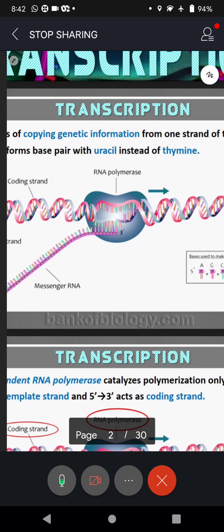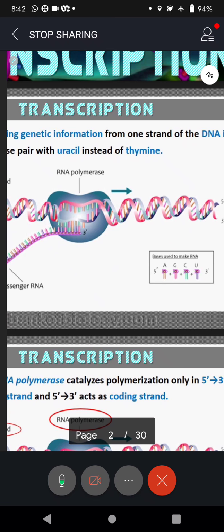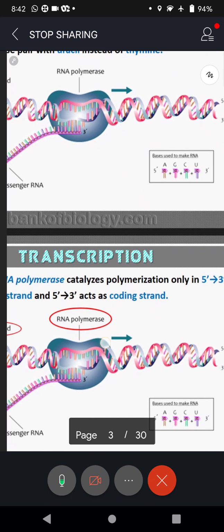This facilitates movement of materials. That's why the name transfer RNA. So mRNA, tRNA, rRNA: three types of RNAs based on their function. Right. Now we go to the next slide.